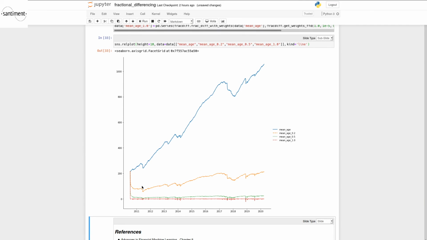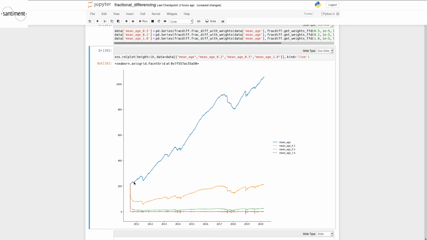I don't know if you can see this, there's this initial drop on both differencing values, which is just an artifact from the fact that initially we don't have enough data to compute the differencing.